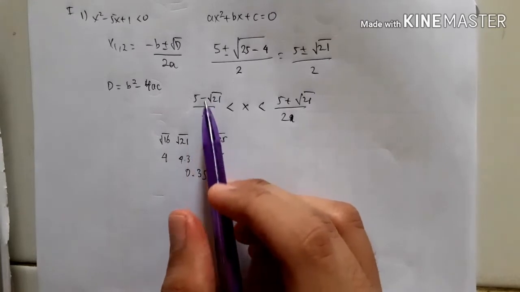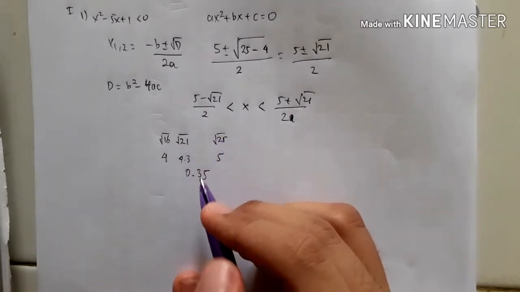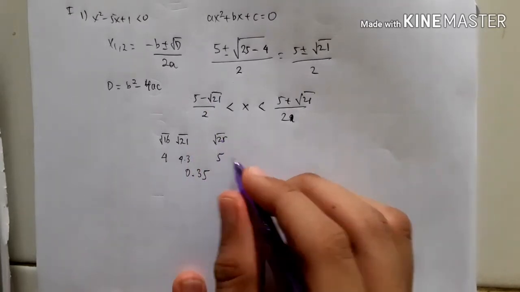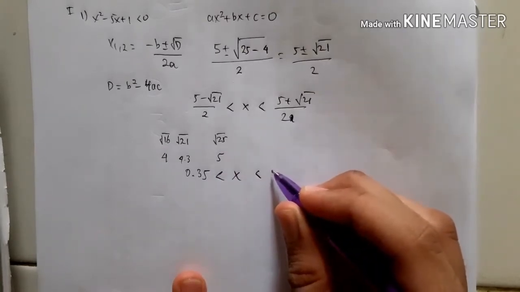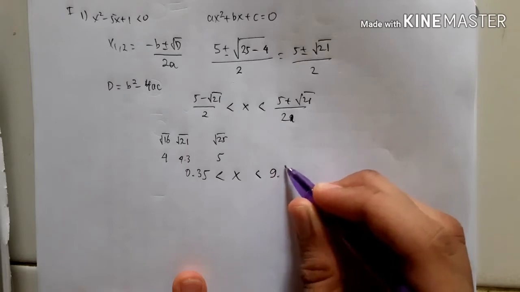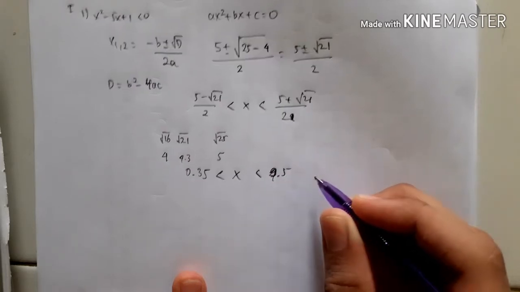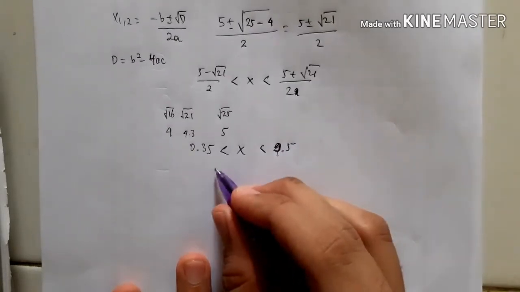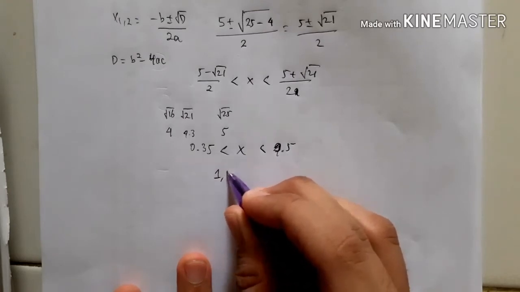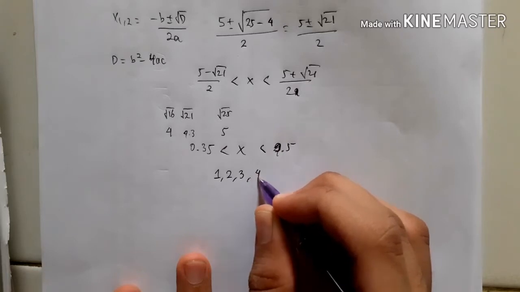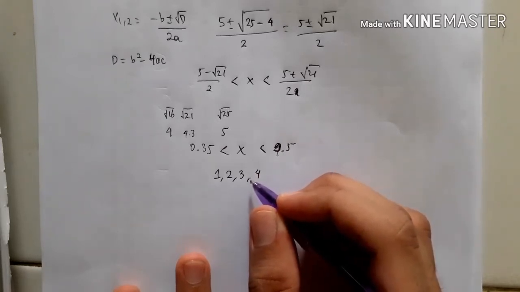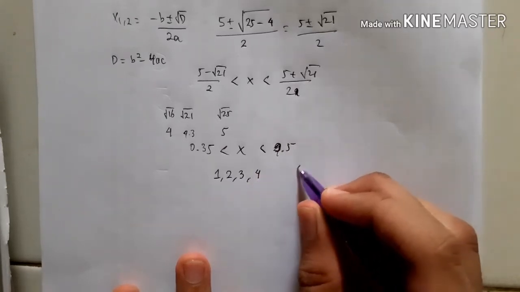And 5 plus 4.3 is 9.3 over 2, let's say 4.5. So the integers in the interval are 1, 2, 3, and 4. So the number of integers x that satisfy the inequality is 4.